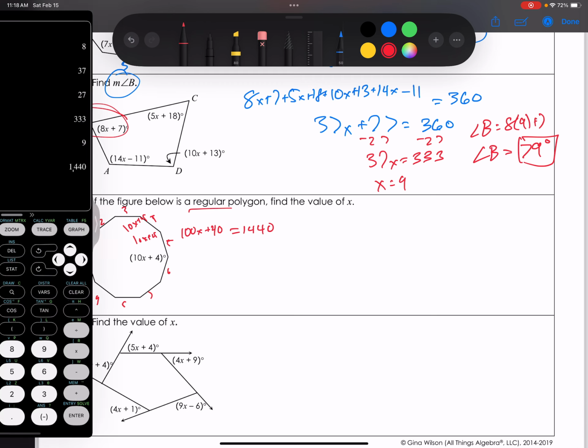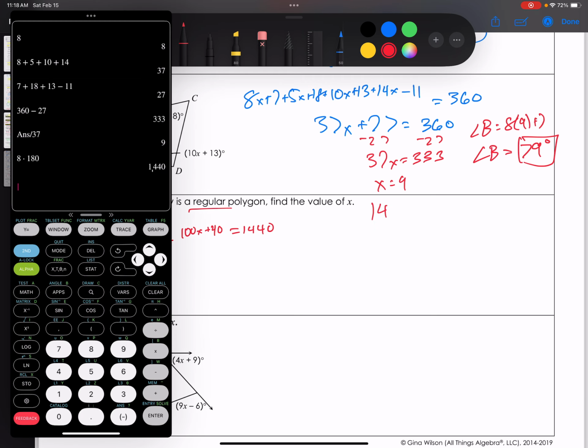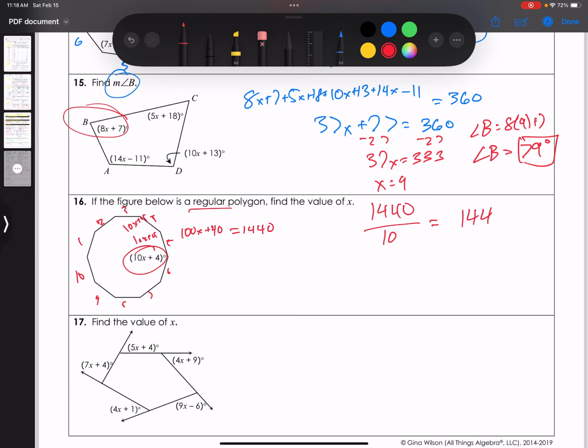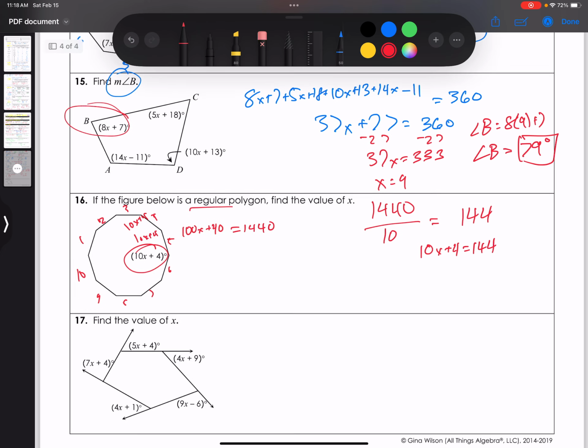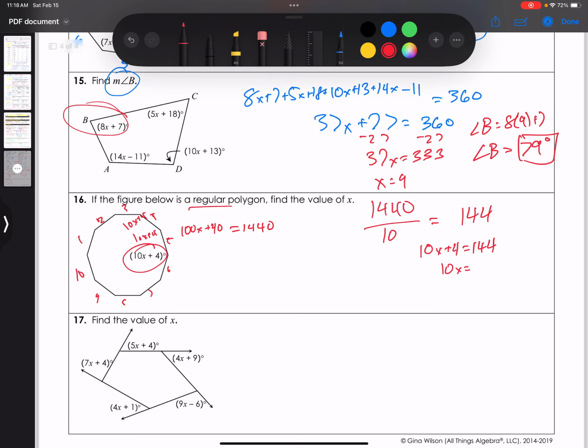So n minus 2 times 180 gave us that 1440. Then if we divide that by the number of sides, we get 144. So this angle here, 10x plus 4, has to be 144. And then we can solve this. 10x is going to be equal to 140, which means x is 14. And there we go, we're done there.